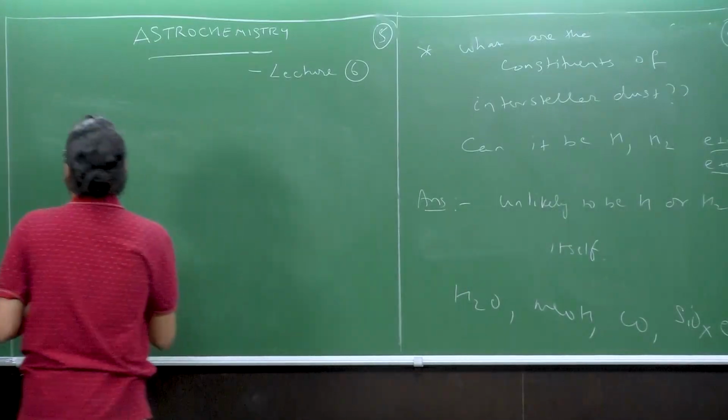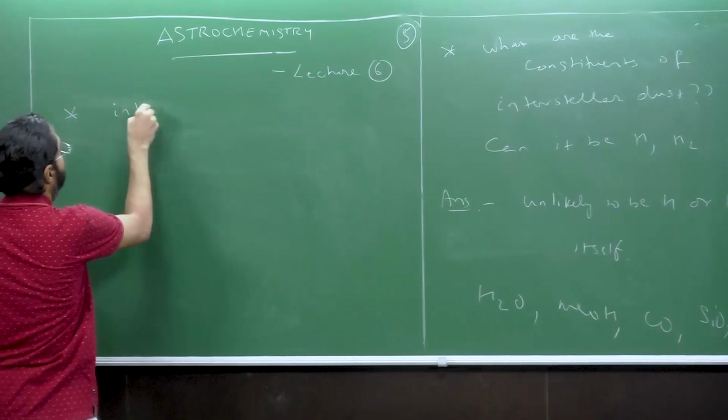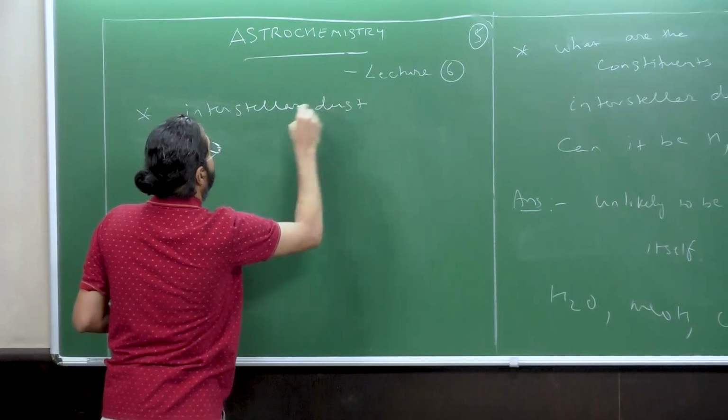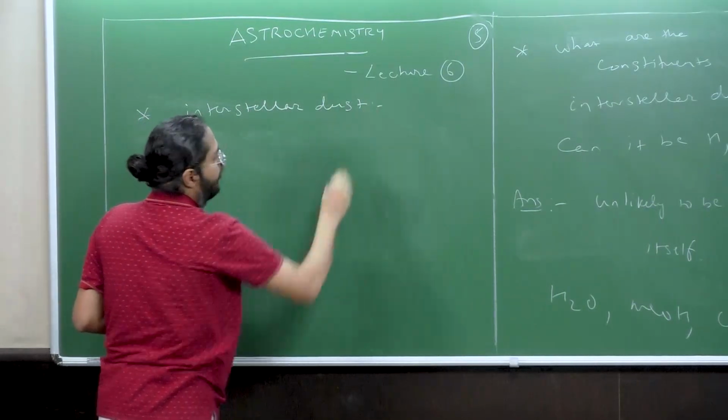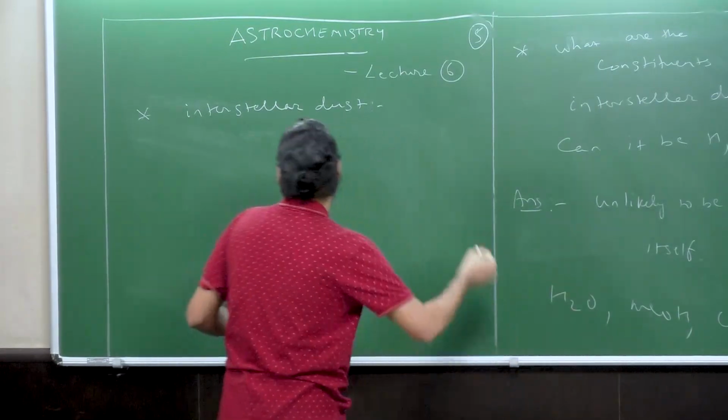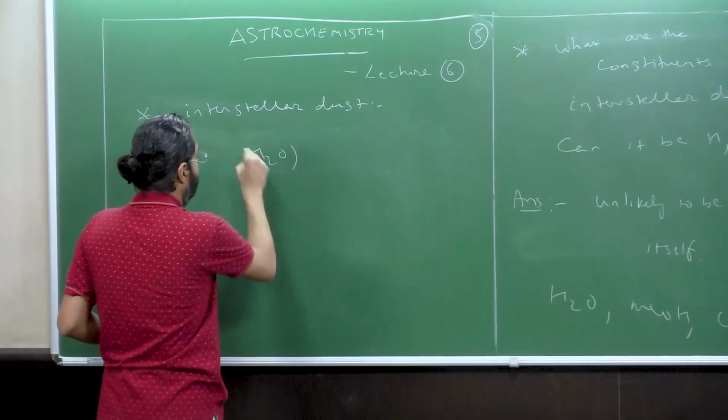So the interstellar dust comprises clusters of these molecules. It can be, for example, water clusters.